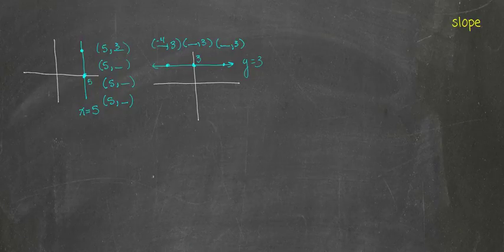Every other line that is not either vertical or horizontal has to have a slope. And the slope is defined as rise over run, always. So we're always looking at what happens on y over what happens on x.